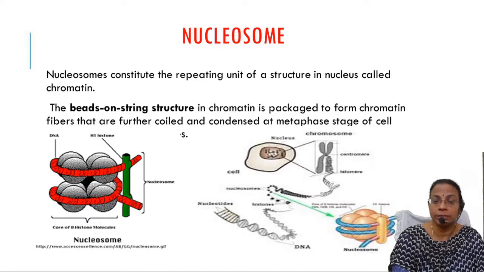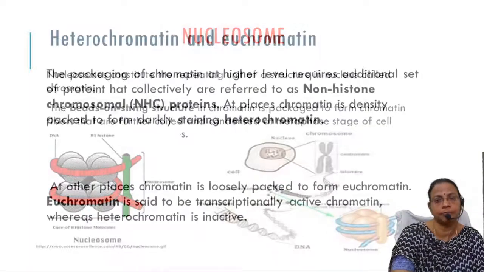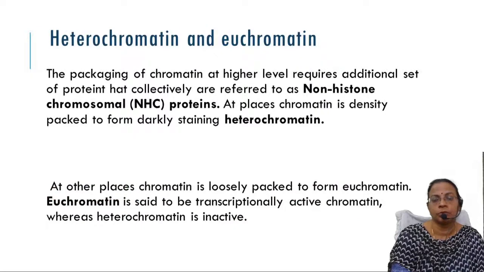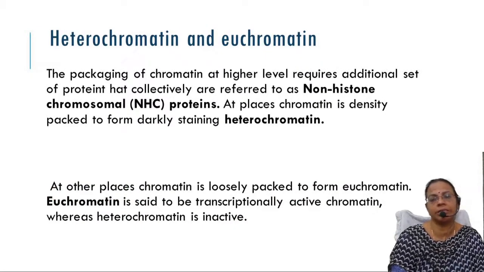There will be one more level of coiling with the help of non-histone proteins. The chromatin fibers are held tightly, and then they acquire the characteristic rod-shaped structure. At that time we call them chromosomes.